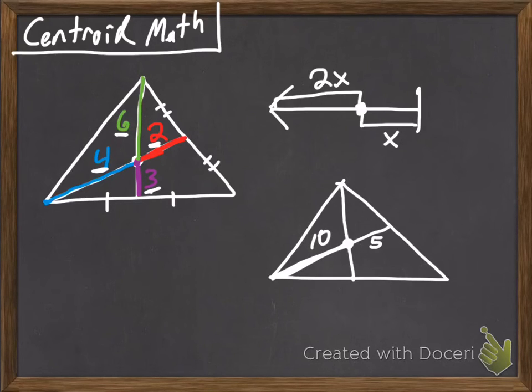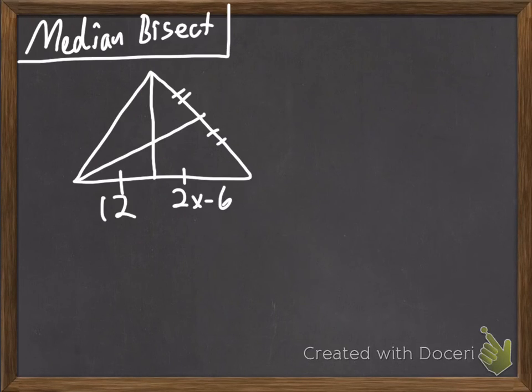Opposite, if I know that this is 20 and I want to figure out the tiny piece, I cut it in half and I get that it is 10. Now obviously this picture is not to scale, but you see the idea here. So that is the special thing about the centroid.